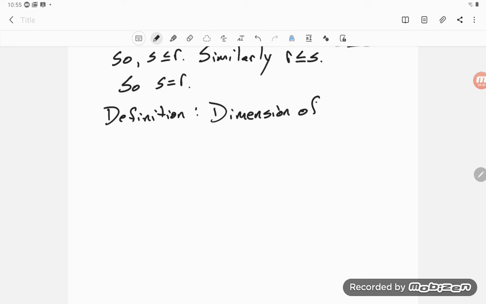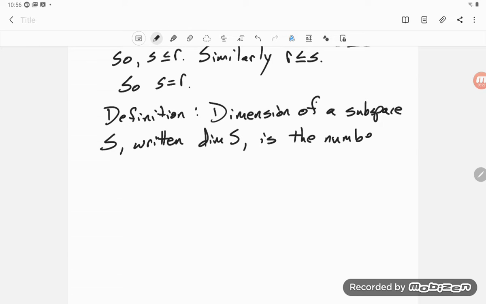Okay, dimension of a subspace S, written dimension S like that, is, they just say this number, okay, is the number of vectors in a basis of S. Okay, so it's the number of vectors you need to make a basis.